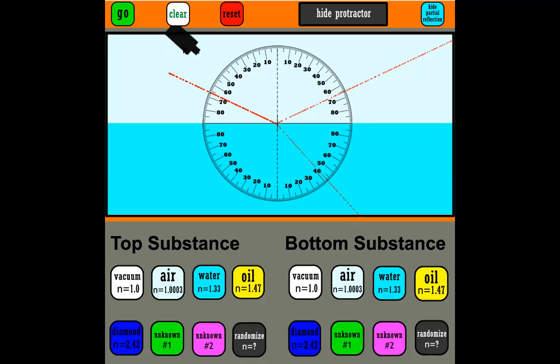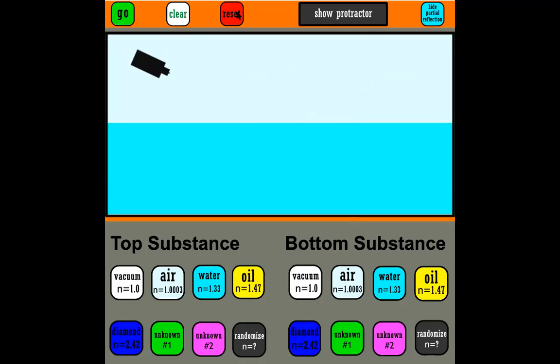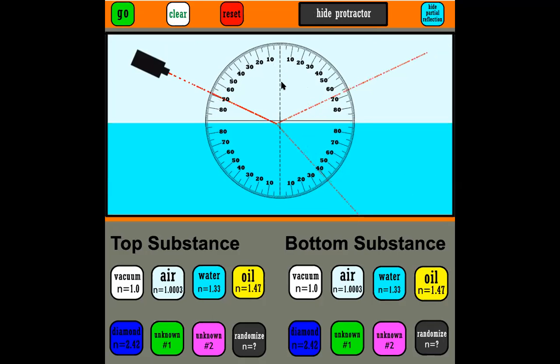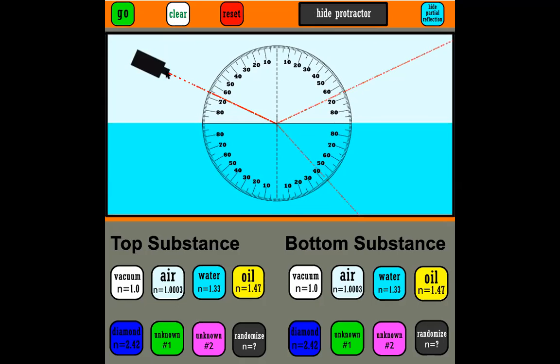The same thing happens. Go. Beautiful. All right, that was the original one we already looked at. Let's move this here. Go. I don't know what's going on with my simulation. Try again. There we go.